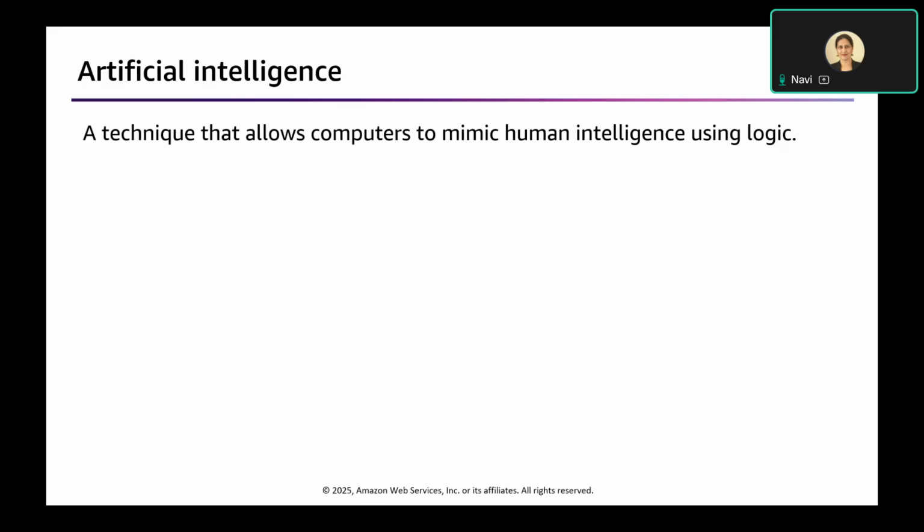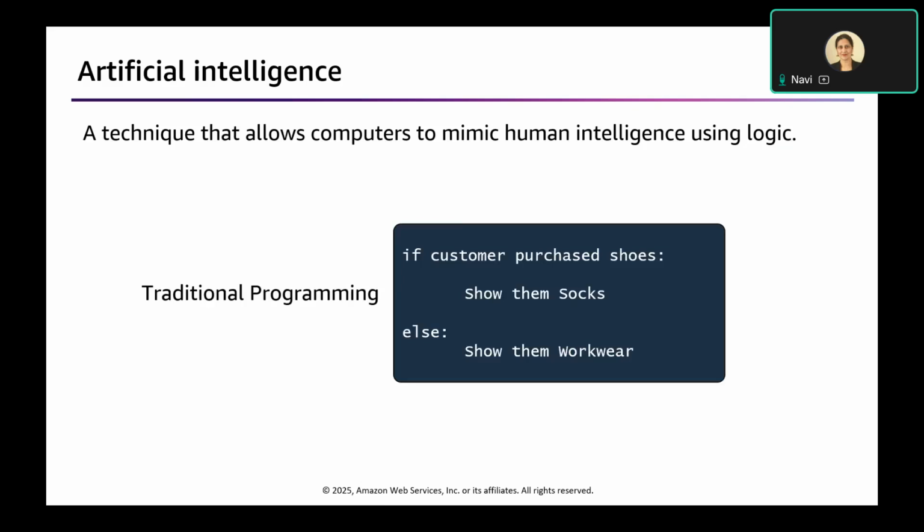If this customer purchased shoes, they might be interested in socks as well, because there's an established relationship between these two products. So let's show them that. This can occasionally prompt customers to buy different products from the site, but it means setting up those rules. And when new products come in, we have to add more rules.